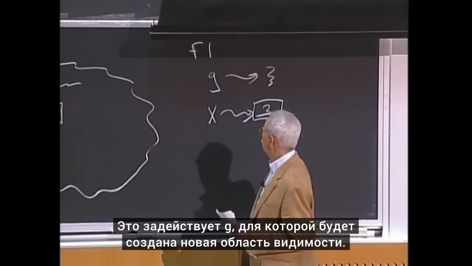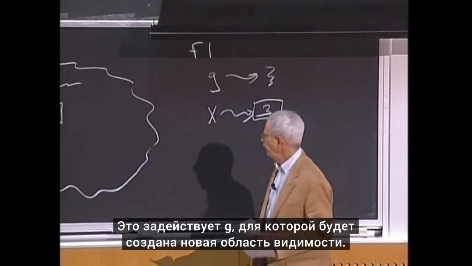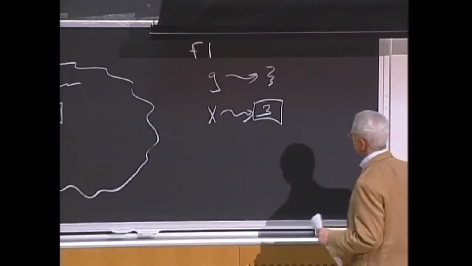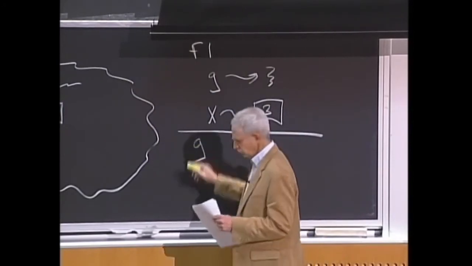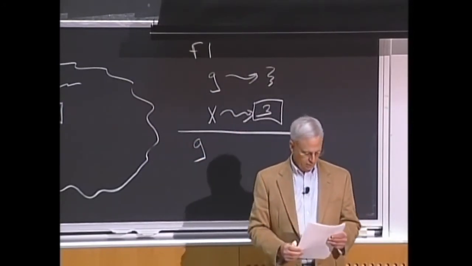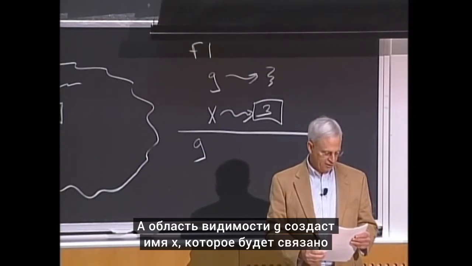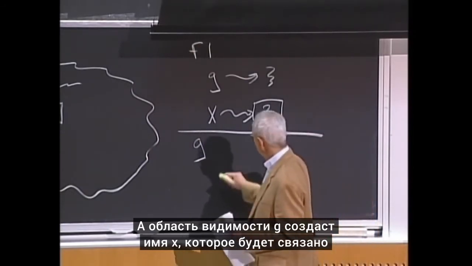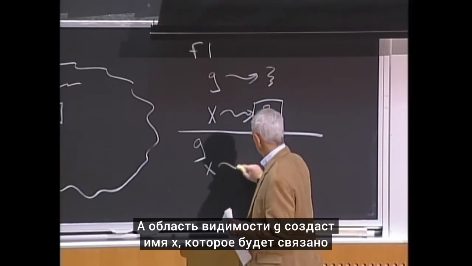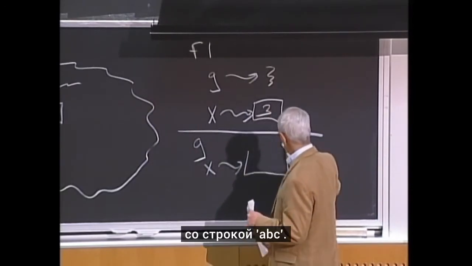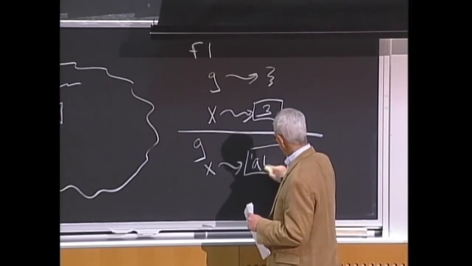It will then eventually do a print. It will invoke G, which will now create the G scope. And the G scope will create a name X, which in this case will be bound to the string ABC.